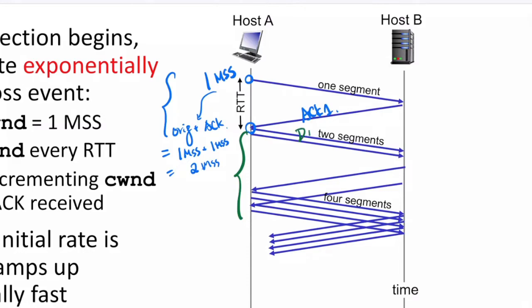Second round: I have data 1 and data 2. I send 2 segments out, and I will have ACK 1 and ACK 2.